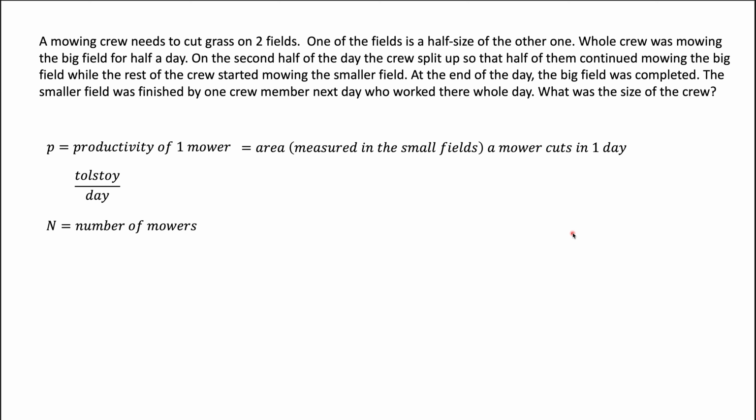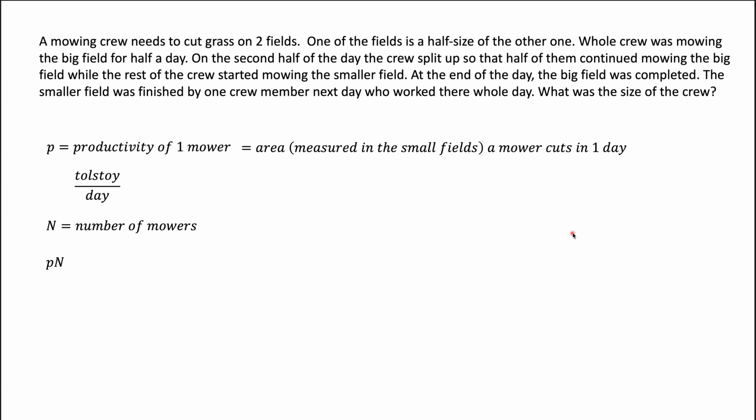Well, he's going to cut P small fields, or P Tolstoy. But what if there are N people cutting the grass? Well, if each of them cuts P in one day, when I have N of them, I have N times more, and it's going to be P times N.